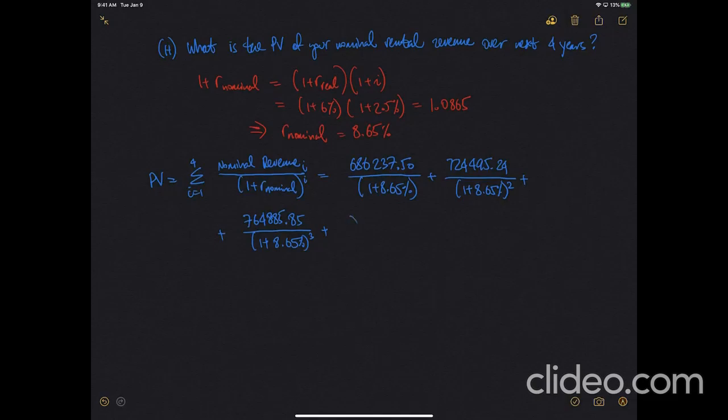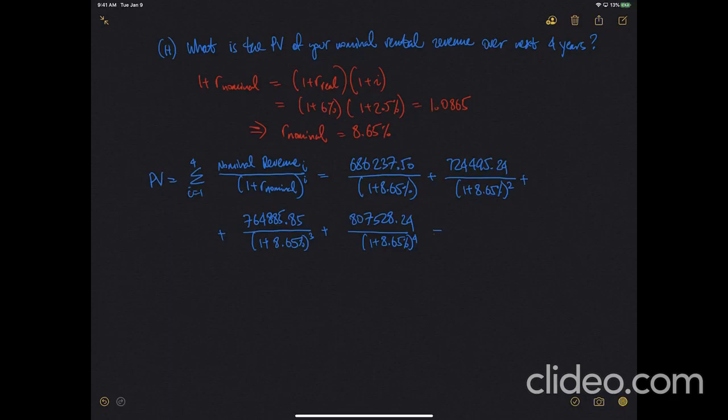Plus the final nominal rental revenue is $807,528.24, divided by 1 plus 8.65%, raised to the power 4.